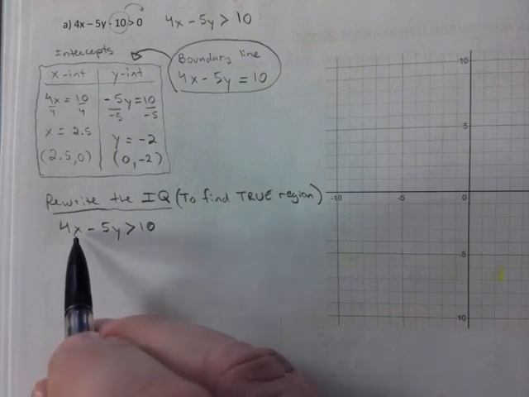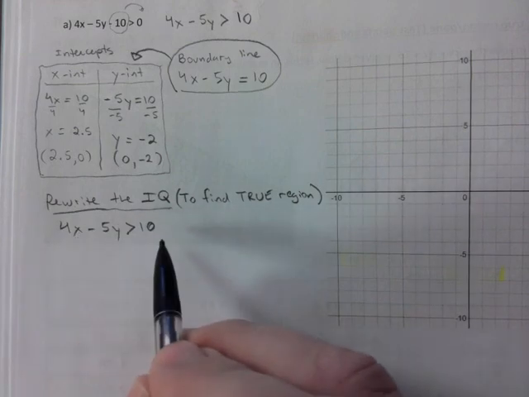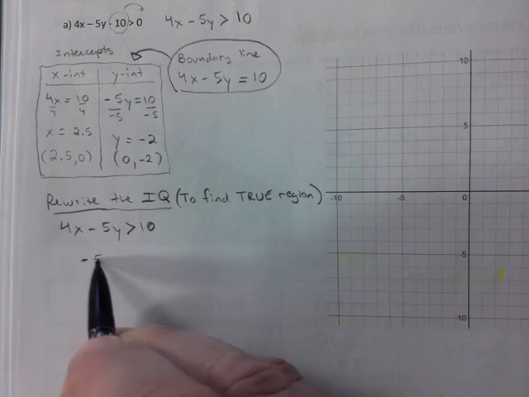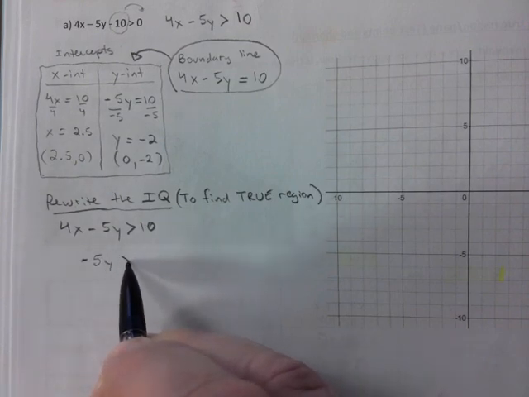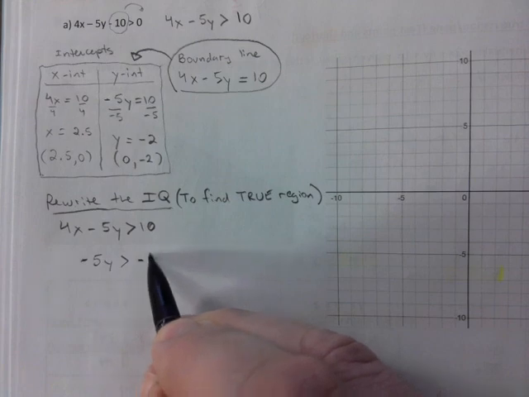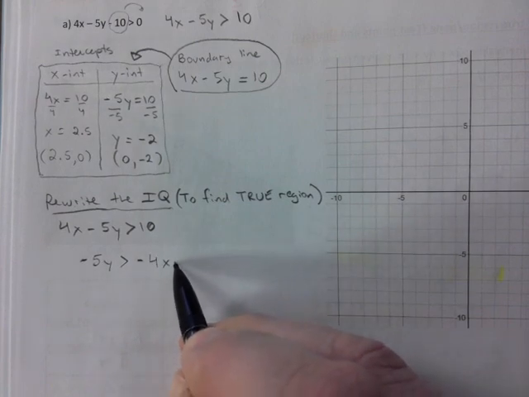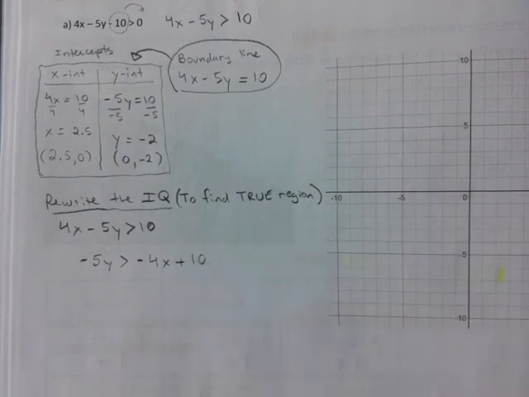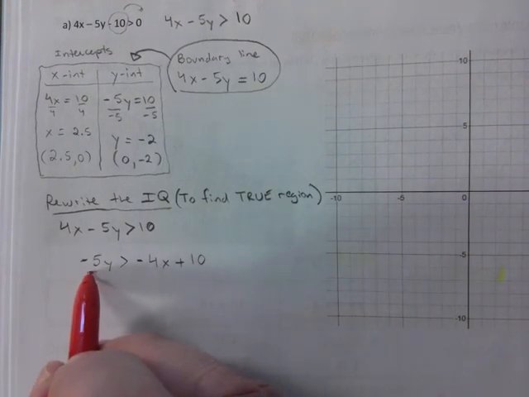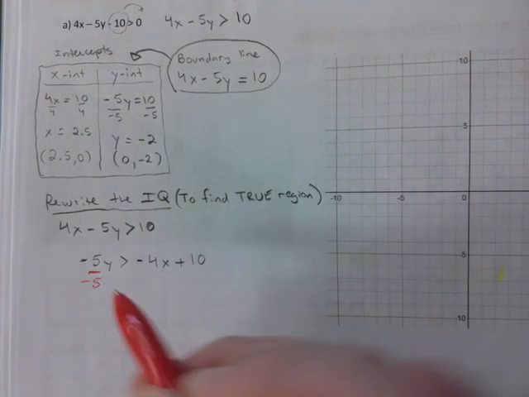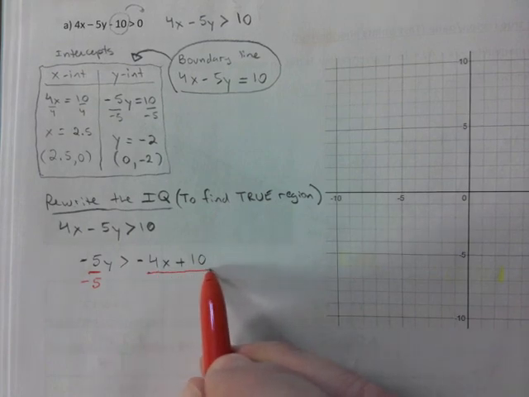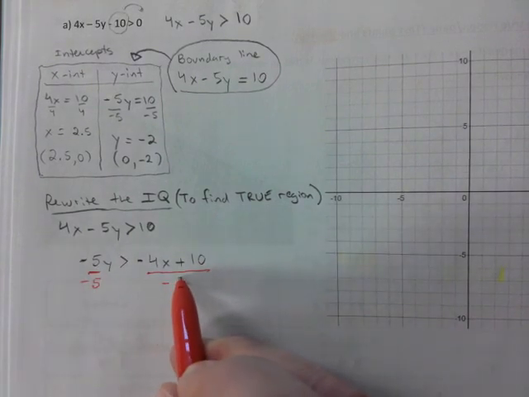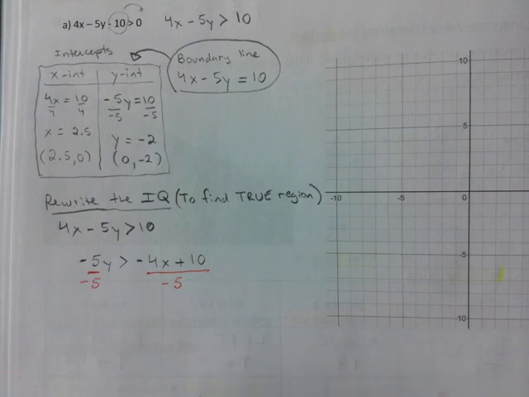So the 4x will come over to the other side. So we end up with negative 5y is greater than negative 4x plus 10. Okay, got that part. No flipping a sign here. Then I will divide everything by negative 5 in order to isolate y, because remember that's my ultimate goal.